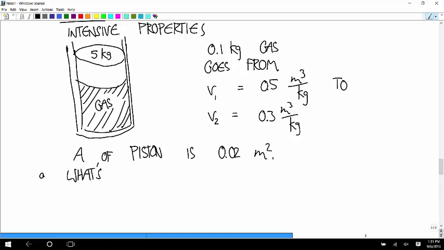So first, what's the pressure of the gas? And second, what's W for the process?